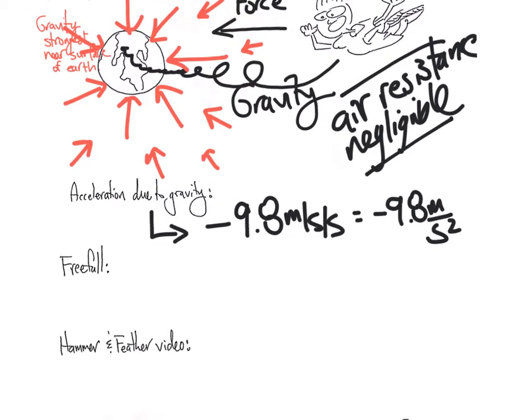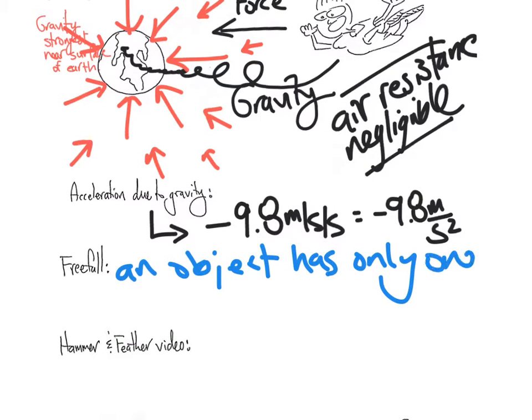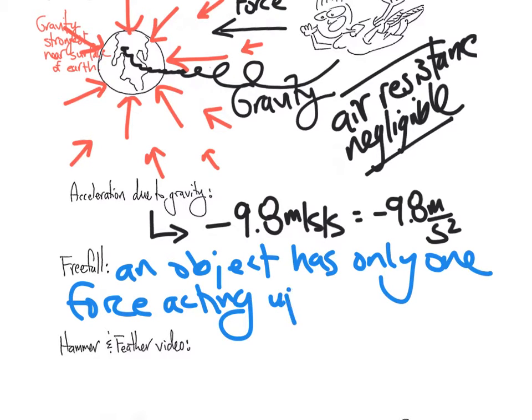And so free fall, I sort of described the definition up here. I'll write it. When an object has only one force acting upon it, and that is the force due to gravity.